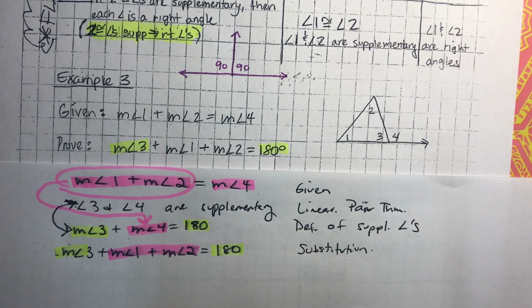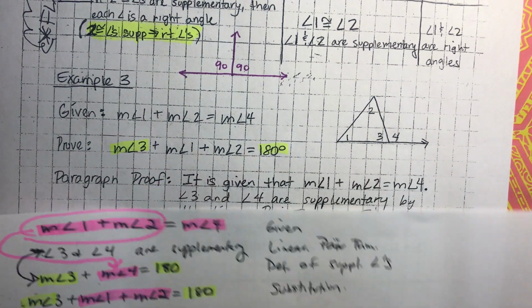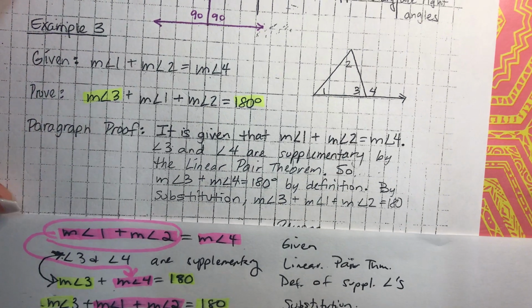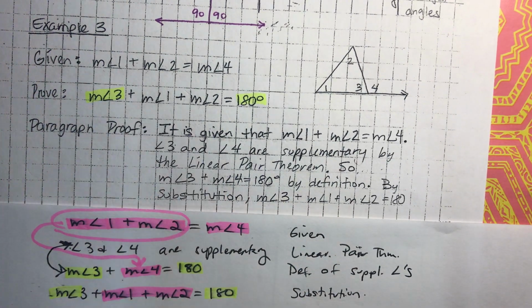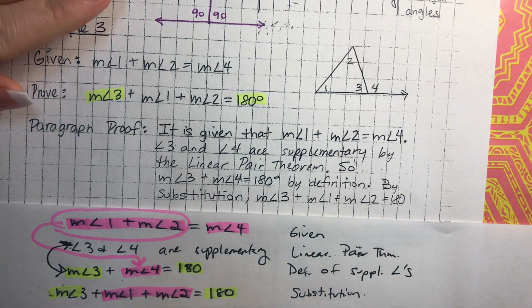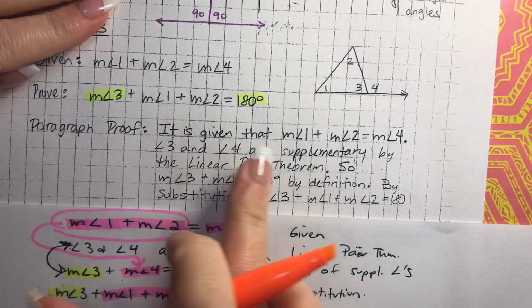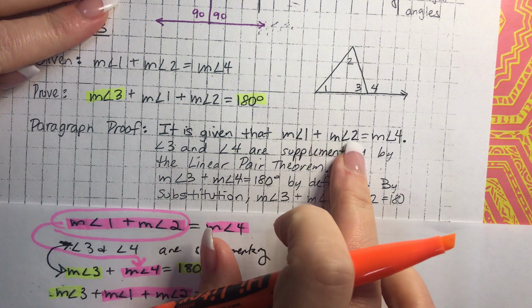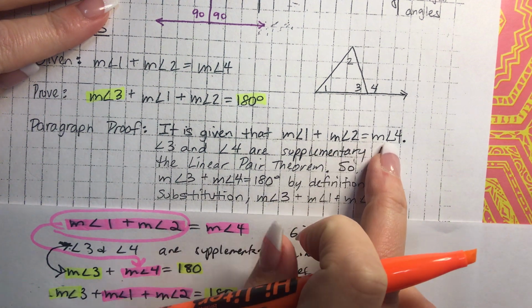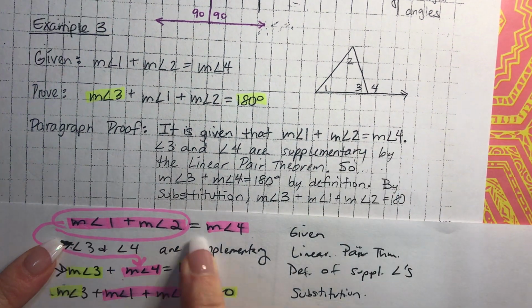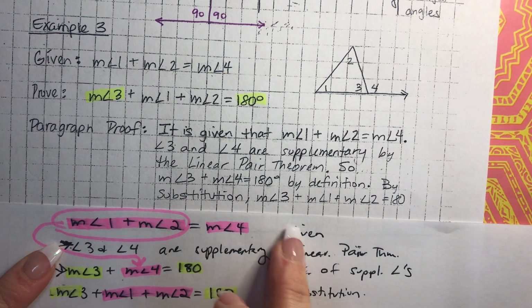All right, so let's look and see how they wrote it in the paragraph proof. It's really important to look at the key words, because you're going to have to write a paragraph proof. It says, it is given that the measure of angle 1 plus the measure of angle 2 is equal to the measure of angle 4. That's the statement, it's given.